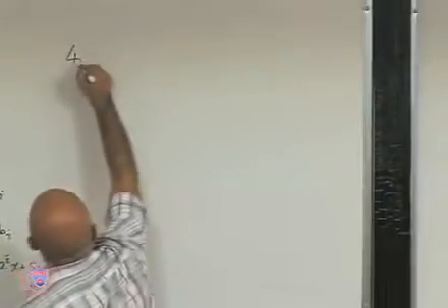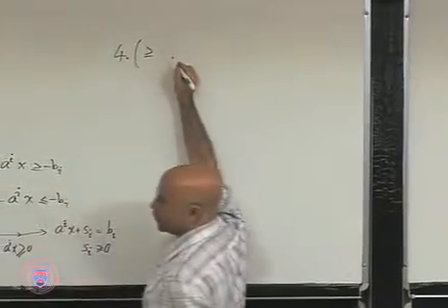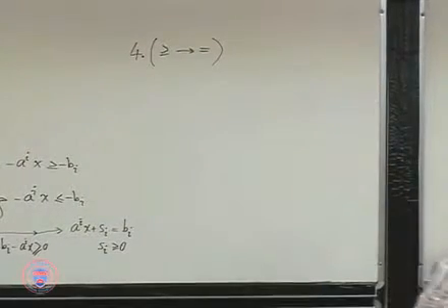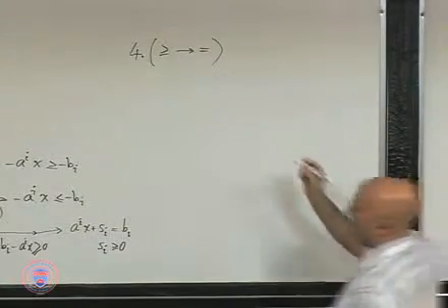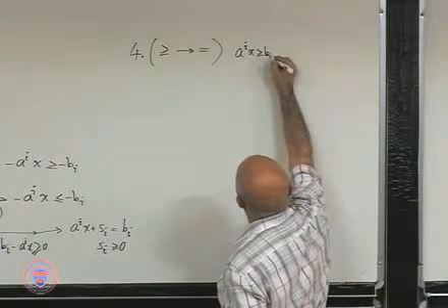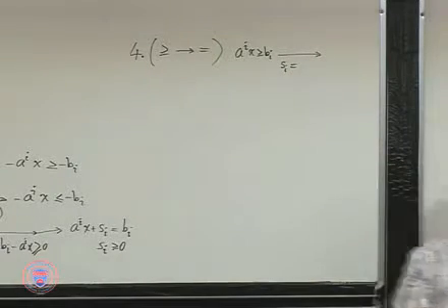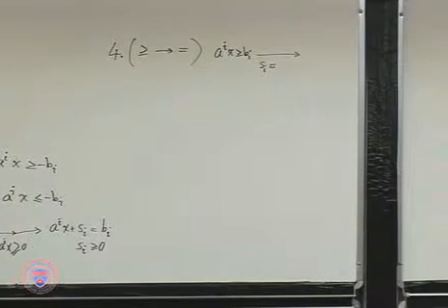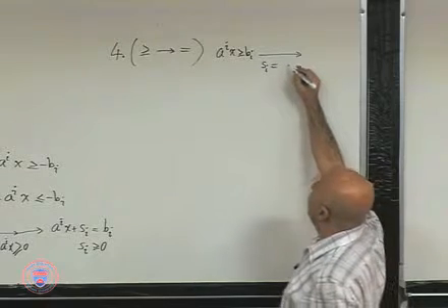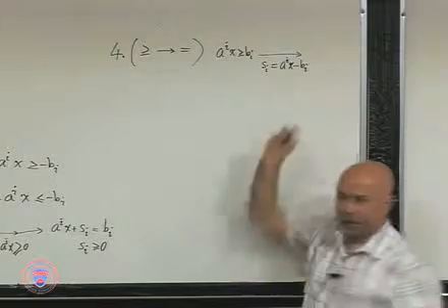Number 4, similar situation, except that we have now a greater or equal type constraint, and you want to make it an equality. In that case, you've got a_i x greater or equal b_i, and you define, again, a variable s_i. In this case, it's called an excess variable, or some people refer to it as a surplus variable. And that's, again, in this case, a_i x minus b_i.